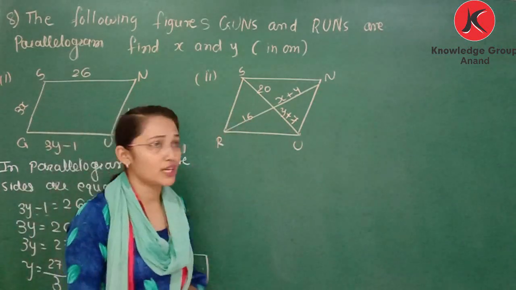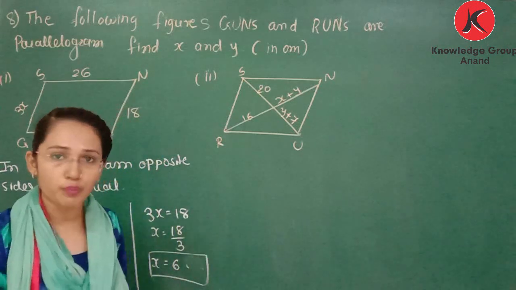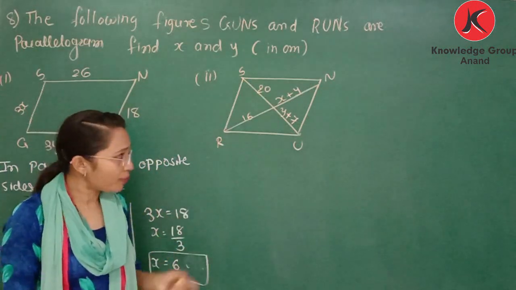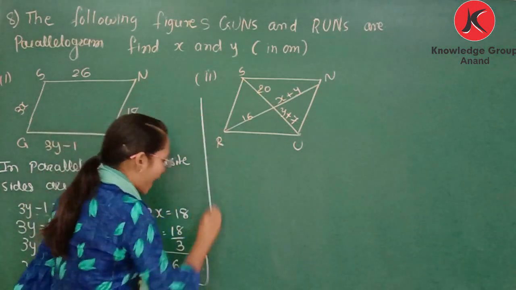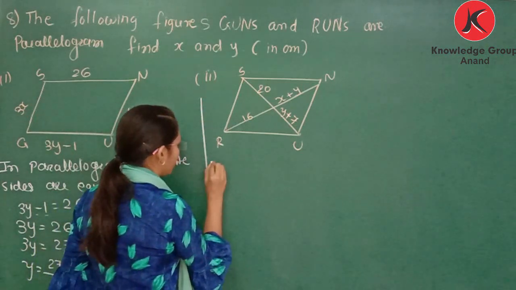Which measurements are given? You can see in the figure that it is a diagonal. And what is the property for a diagonal? In a parallelogram, diagonals bisect each other.